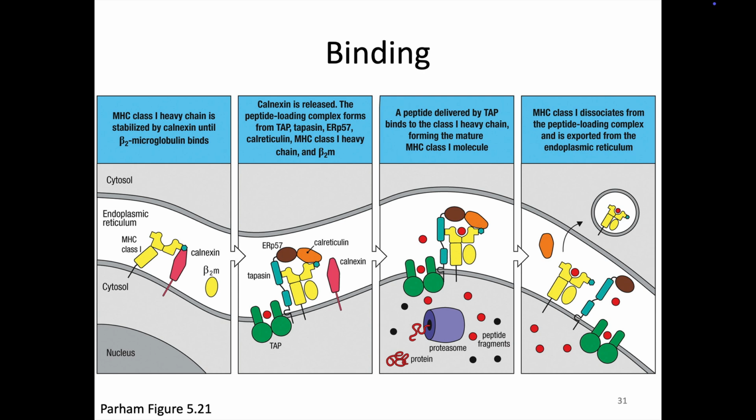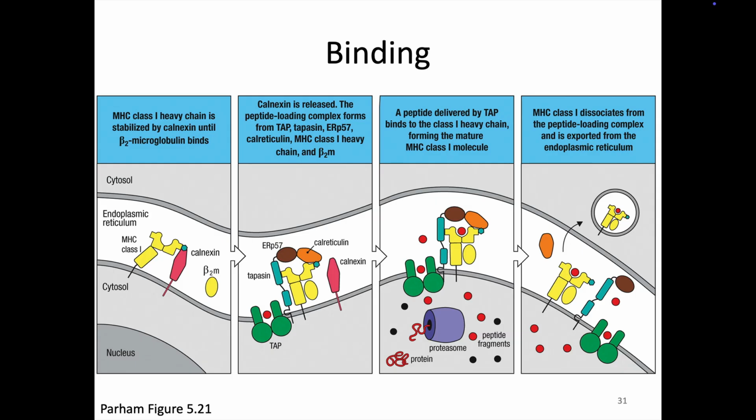And then we can think about binding. The thing that's really key with TAP as well is that one of those chaperones, shown here in blue, is called tapasin. Tapasin makes sure that the MHC class 1 is next to TAP. So as peptides are getting shot into the ER, the open cleft is right there next to it, ready to bind the peptides.